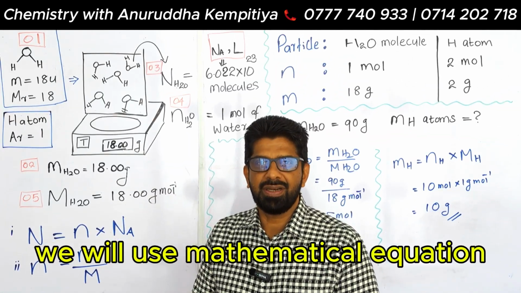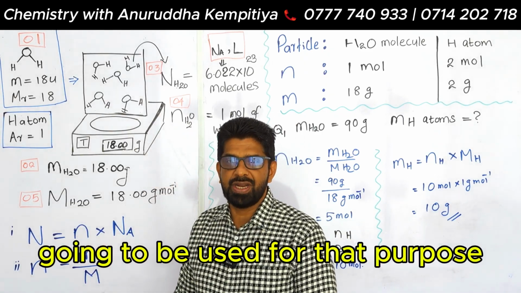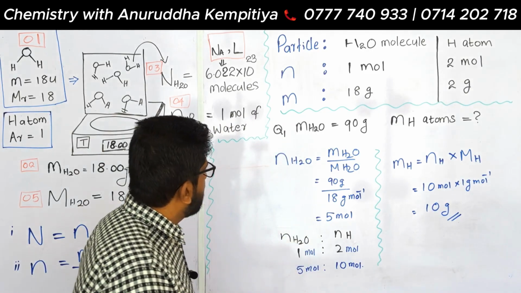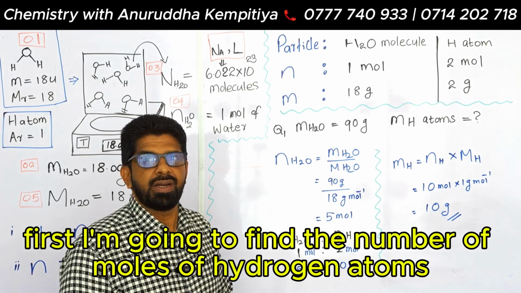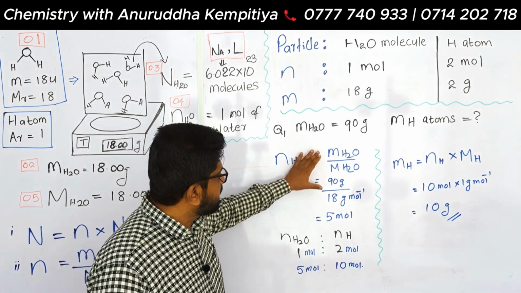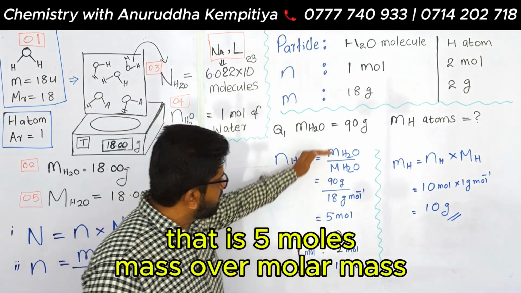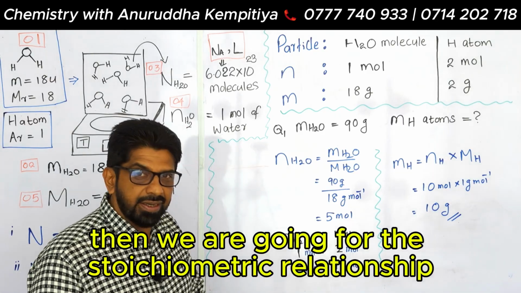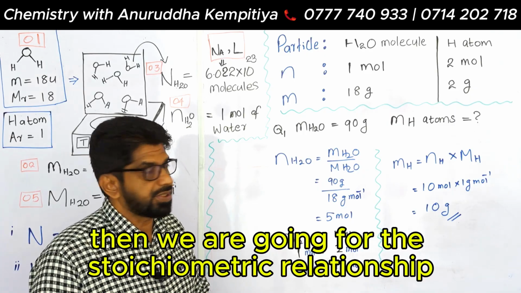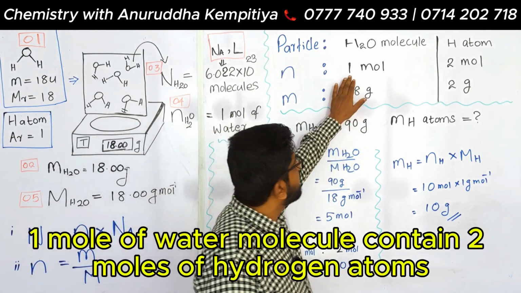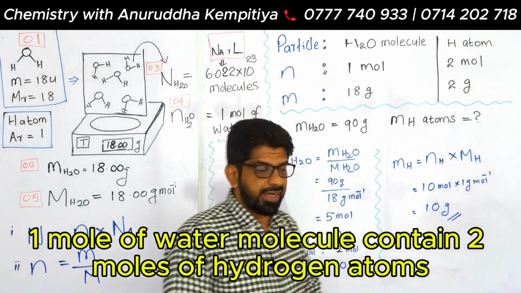We will use mathematical equations for the same calculation. These two mathematical equations are going to be used for that purpose. Here, first I'm going to find the number of moles of hydrogen atoms. First, the number of moles of water, that is 5 moles, mass over molar mass. Then we go for the stoichiometric relationship. 1 mole of water molecules contains 2 moles of hydrogen atoms.